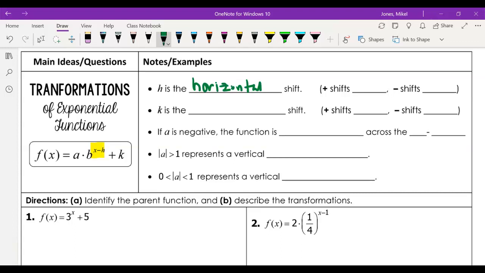So a positive number would actually go to the left, and a negative number goes to the right because horizontal transformations go in the opposite direction of the sign. k is a vertical shift, and vertical transformations do what you expect, okay? So a positive number would indicate a movement up, and a negative number would indicate a movement down.